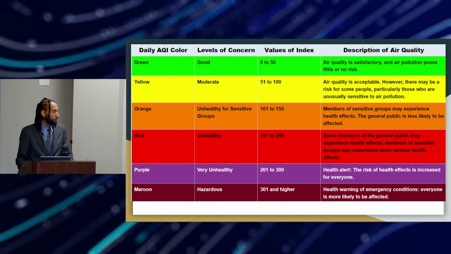Those levels are associated with lower levels of overall health based on prolonged exposure. Being exposed to high levels of PM or other criteria pollutants for a short period of time doesn't necessarily show the effects that we see, unfortunately, in our communities. This is something that happens over a prolonged period of time. So that's just something to note as we move forward.